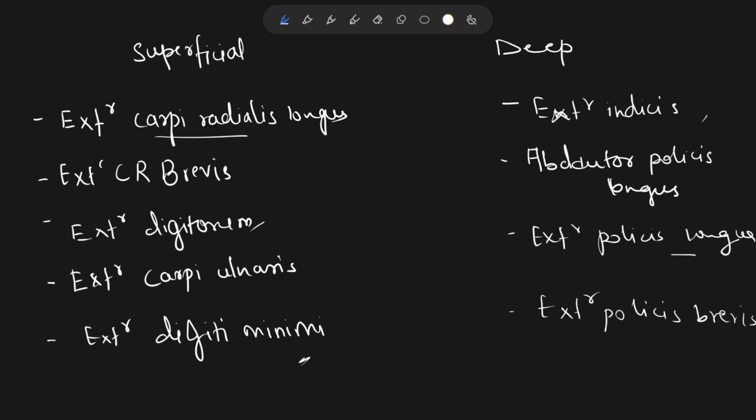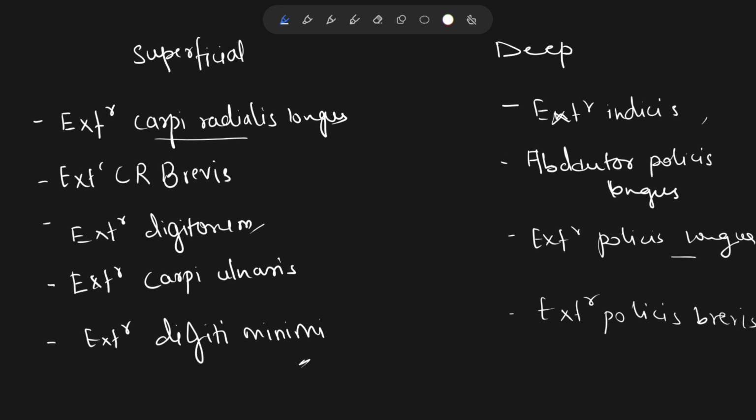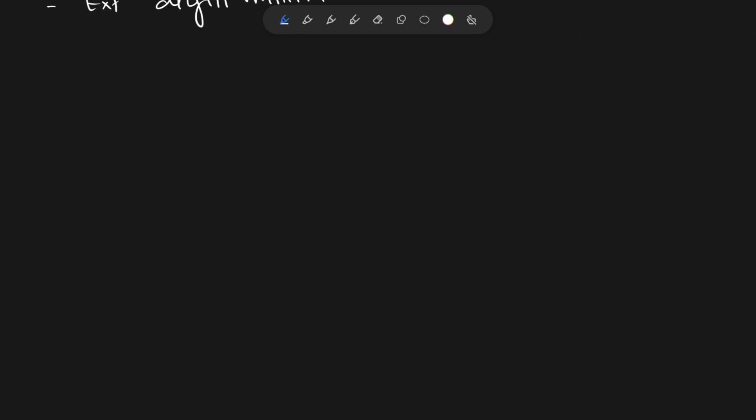Okay. So we have done the superficial and deep muscles of the arm and forearm. What we have done right now, from the arm, we completed the anterior compartment and posterior compartment. In the anterior compartment we have the BBC muscles over here.